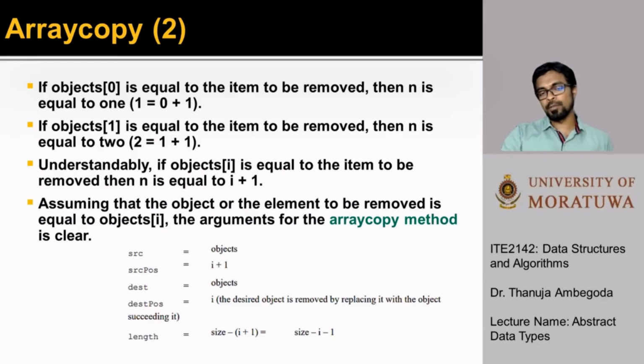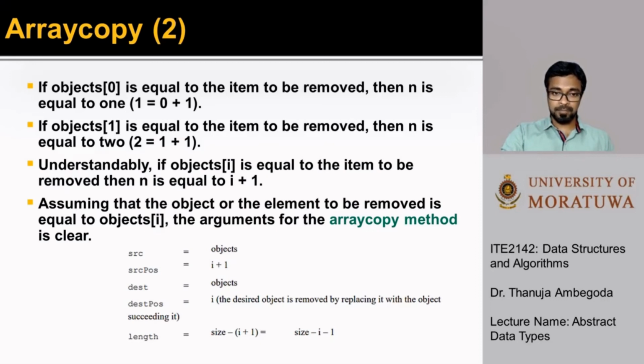The subsequent code in the code snippet we discussed uses this arraycopy method. In the instance where the element to be removed is equal to the ith element of objects, the arguments of arraycopy are as follows.